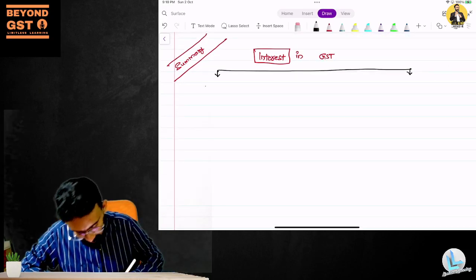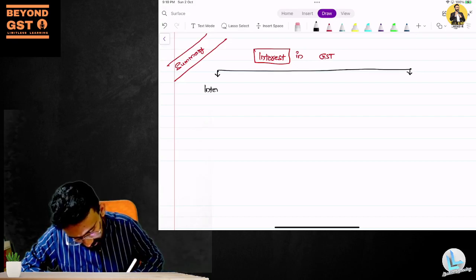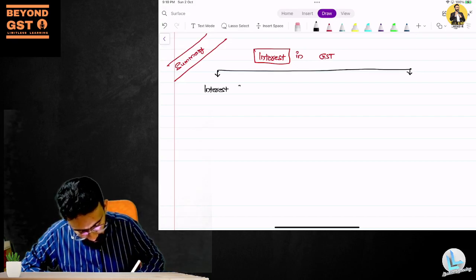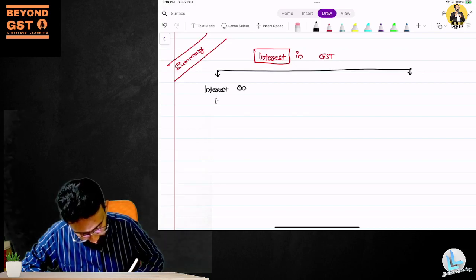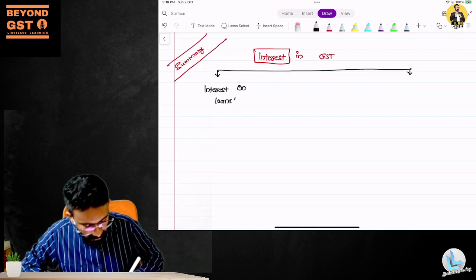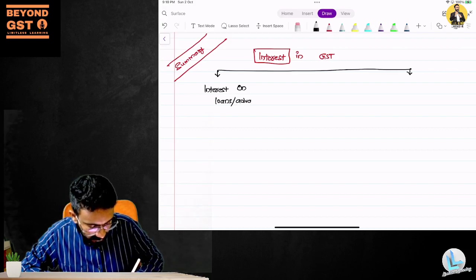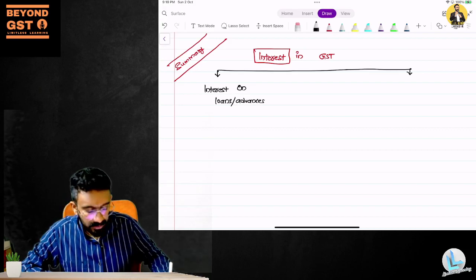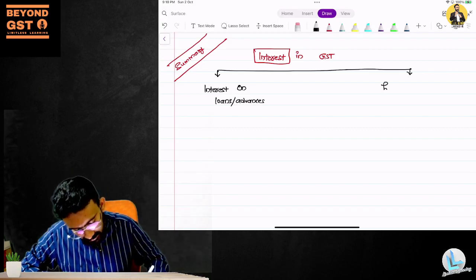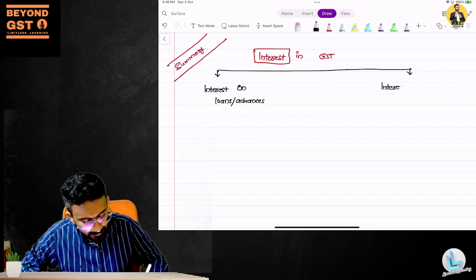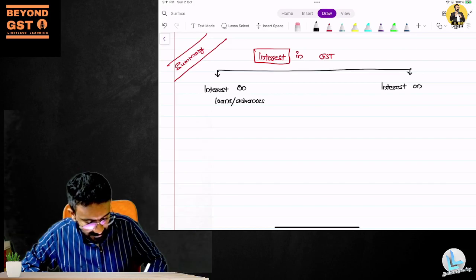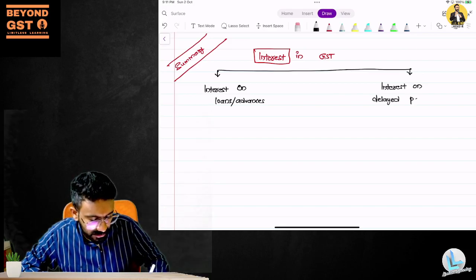One is interest on loans/advances. There could be another, interest on delayed payment of consideration.